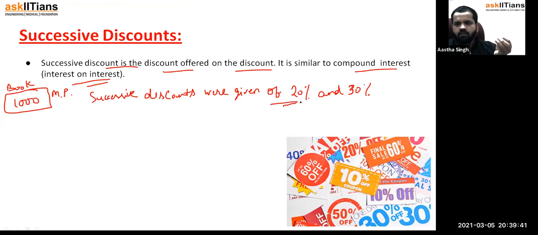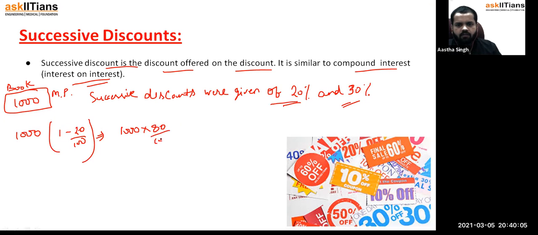So the market price of your book was 1,000. If you give a 20% discount, it means 1 minus 20 divided by 100, multiplied by 1,000. This is how you give the discount. The remaining will be 80%, that will be 800 rupees.